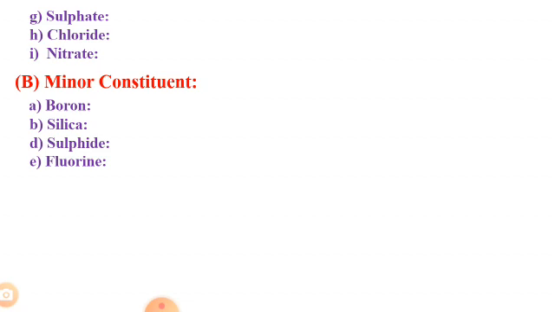Nitrite occurs as an intermediate step in the oxidation of organic nitrogen to nitrate. Since it is easily oxidized to NO3, its harmful effects are not common.